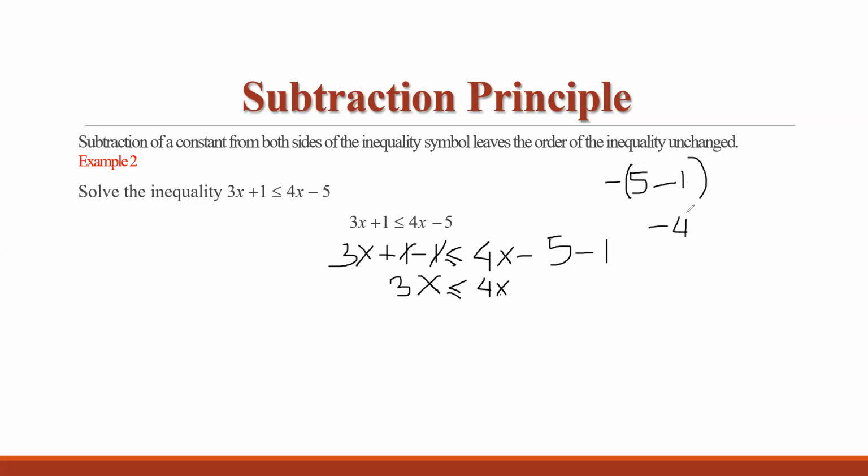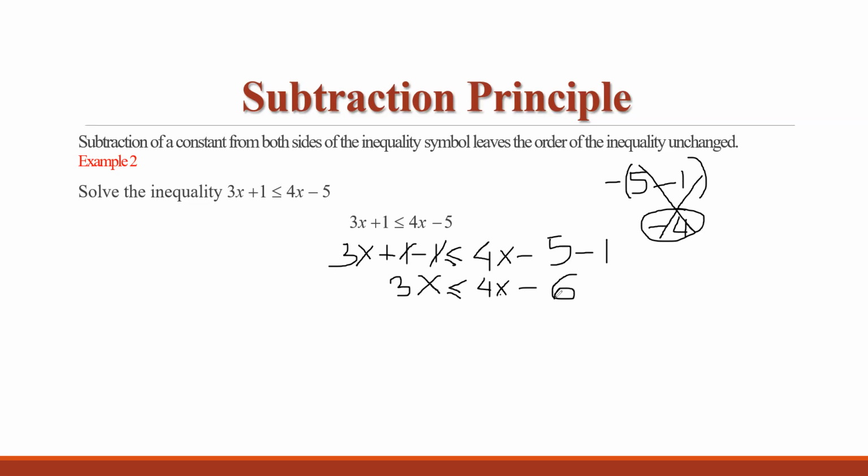This one is wrong. Don't bracket. This negative is for 5. So it is negative 5 minus 1, and you get negative 6.